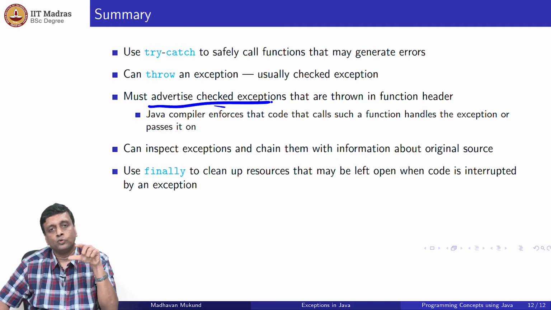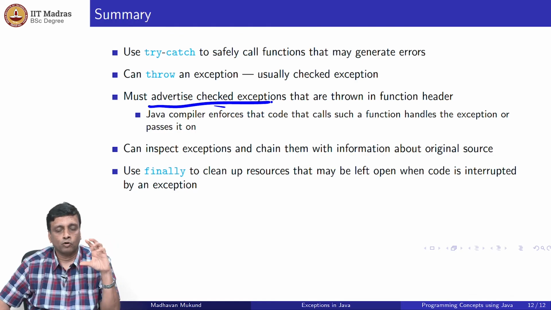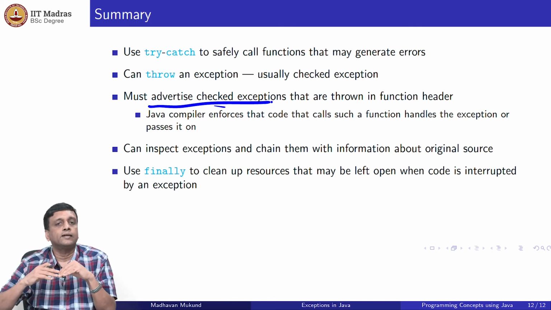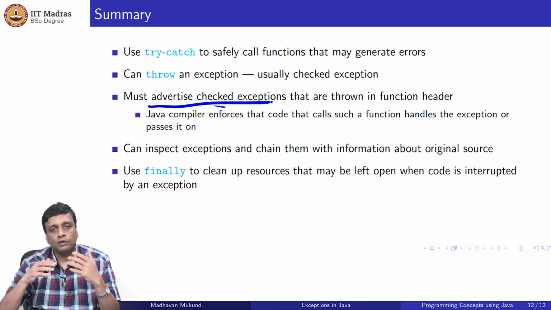So we can therefore use this exception object structure in order to encode a fairly rich amount of information about this exception and whatever triggered it, so that the code that gets the exception back is able to examine this and take appropriate action.